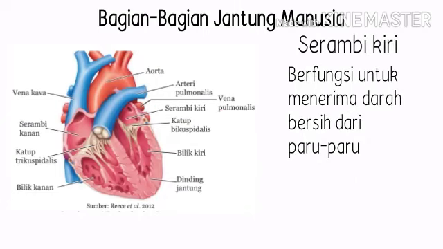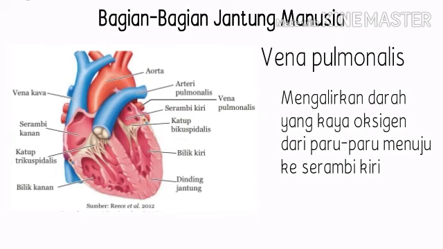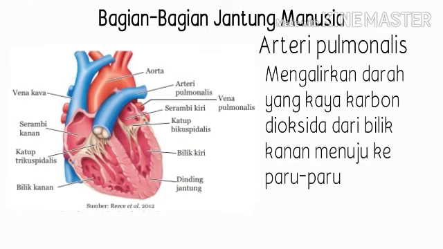Sab'ah, left atrium. Its function is to receive clean blood from the lungs. Thamania, pulmonary vein, draining oxygen-rich blood from the lungs to the left atrium. Tis'ah, pulmonary artery, which functions to drain carbon dioxide-rich blood from the right ventricle to the lungs.